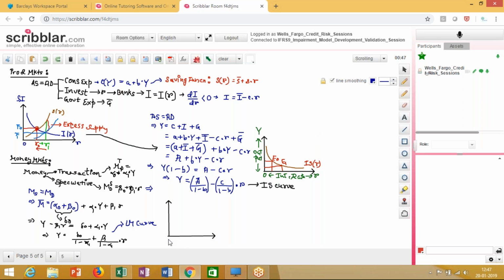So if you just come to here, y, rate, this output.